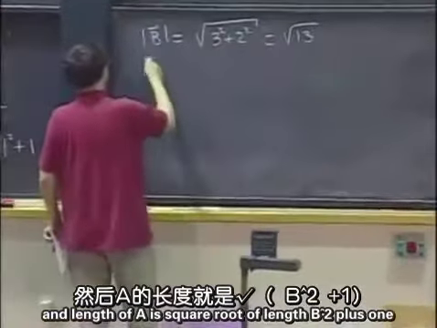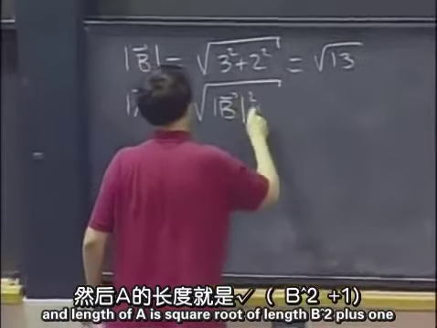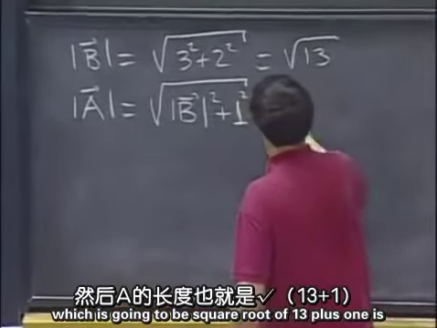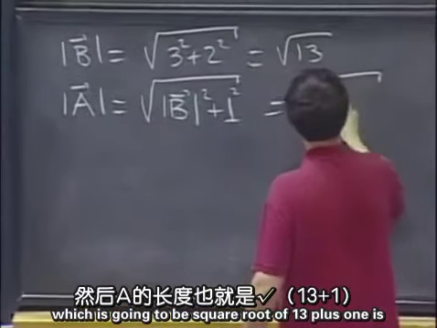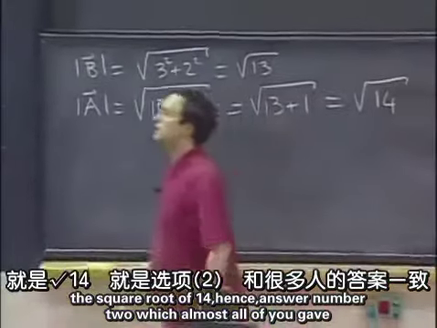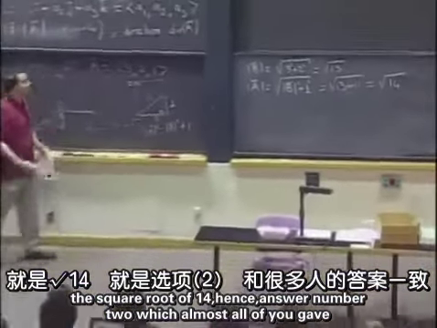And the length of A is the square root of length B squared plus 1 squared, which is going to be the square root of 13 plus 1, the square root of 14. Hence, answer number 2, which almost all of you gave.